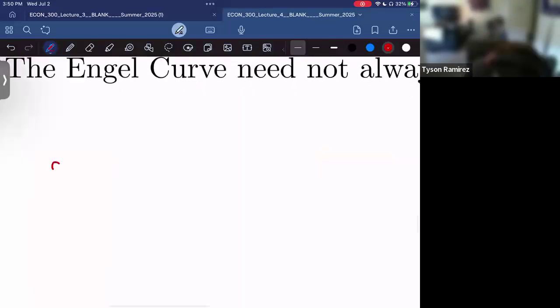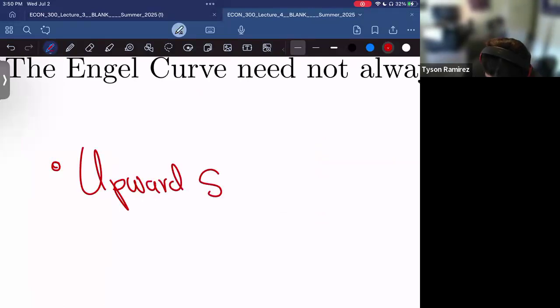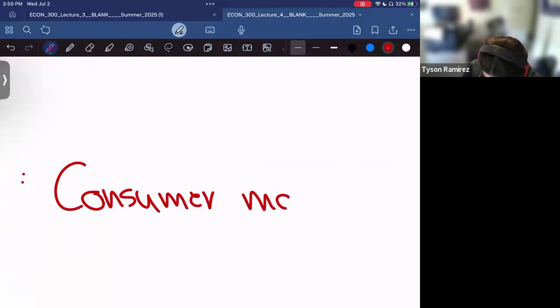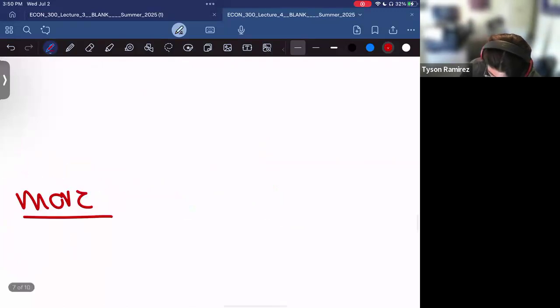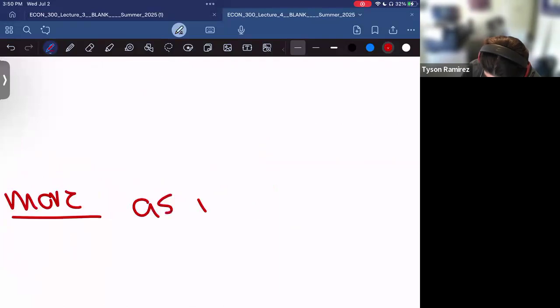One thing I want to note too, is that the upward sloping Engel curve means that you consume more as your income increases.